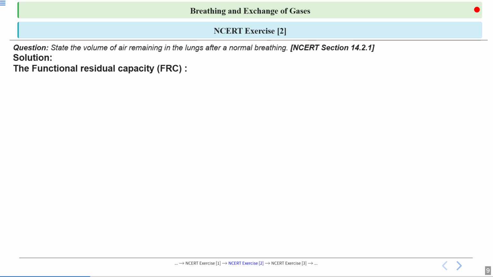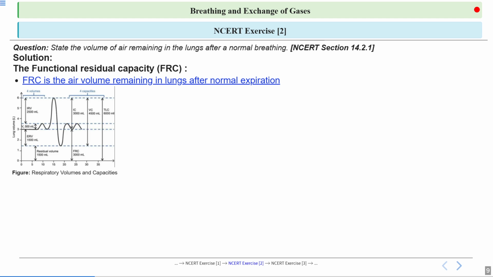So the functional residual capacity is the volume of air that remains in the lungs when we are going through the normal breathing process. Functional residual capacity, FRC, is the volume that remains in the lungs after normal expiration, right?